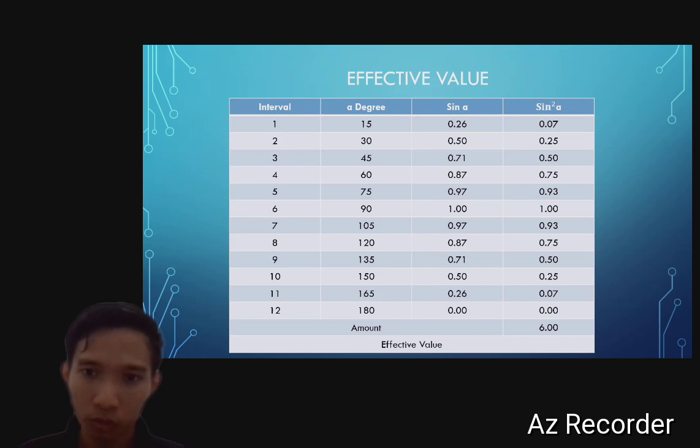We of course have the same thing at 90 degrees, where we have the highest, maximum point, sin alpha is 1, and if we square it, we also get 1. For the 180 degrees, we have the 0 value or the minimum value, sin alpha is 0, and if we square the 0, we also get 0.